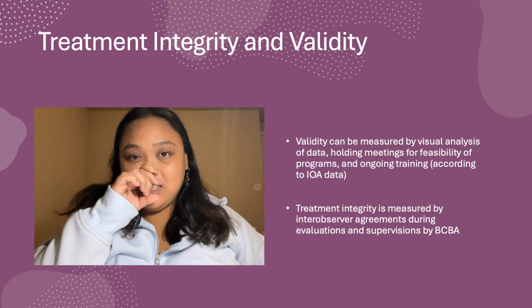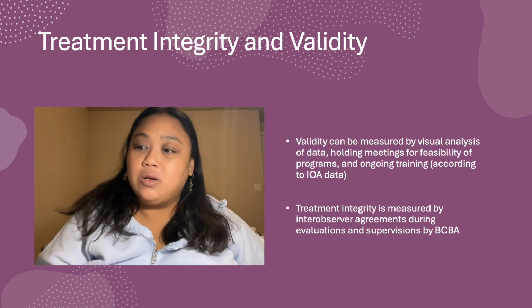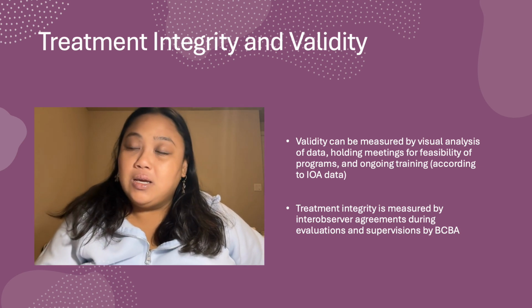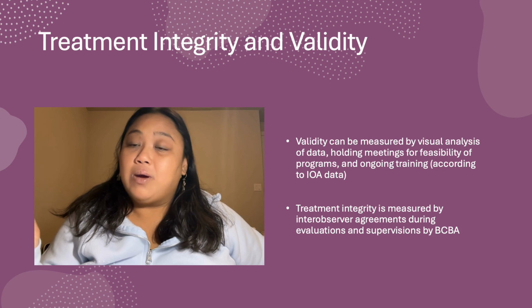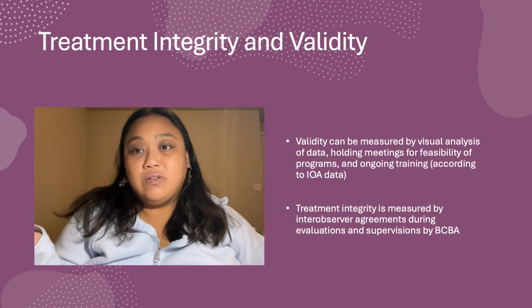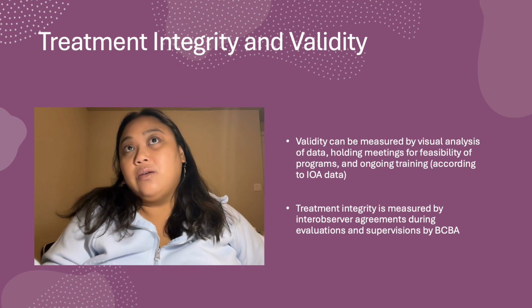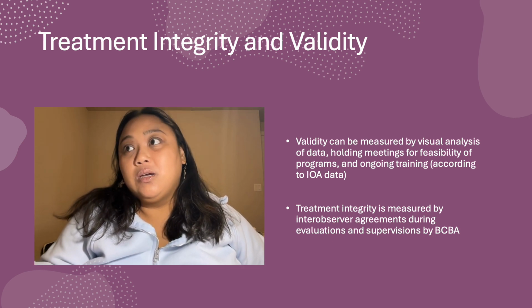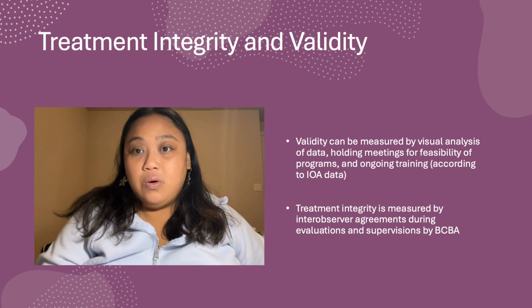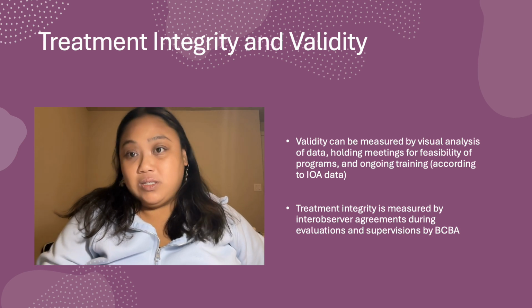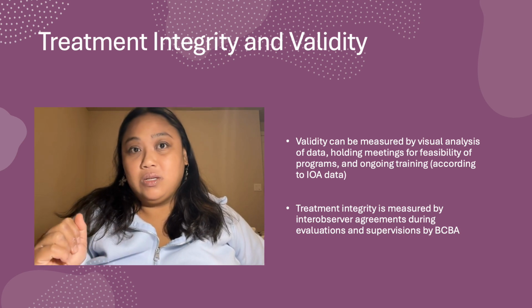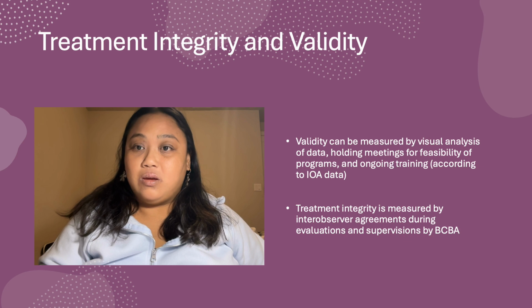If it is less than 85%, then we need to go back to the data and look if there's some kind of comparison. We have to figure out what's wrong. It could be a therapist implementing a program incorrectly, or there's not enough staff to uphold the integrity of the procedures.